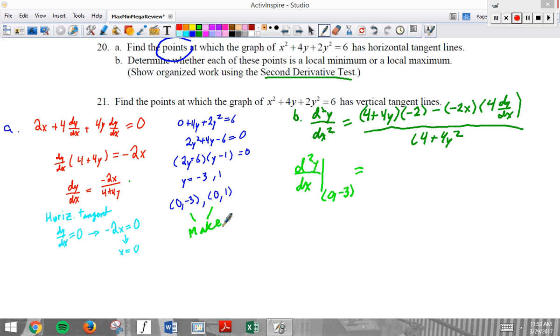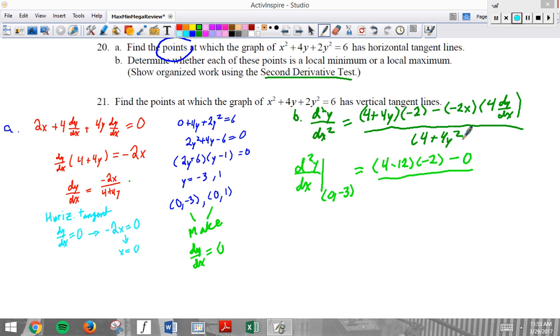That was the whole way we found them. So anytime I see dy/dx, that's going to be 0. Otherwise, I'm plugging stuff in. That's 4 minus 12 times negative 2. This whole thing is 0. X is 0 and that's 0.